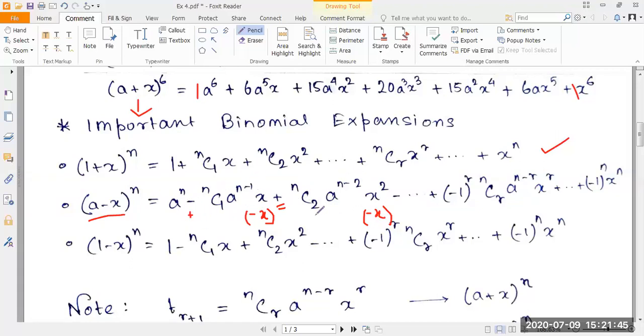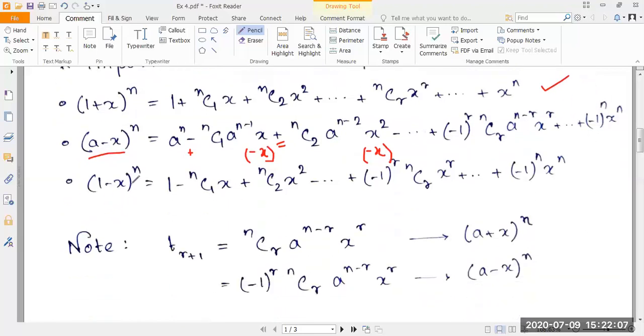When we have an odd term, the sign is positive. So this is the (r + 1)th term: if the (r + 1)th term is an even number, it is preceded by a negative sign, and if it is an odd number, it is preceded by a positive sign. That is how we get the expansion.